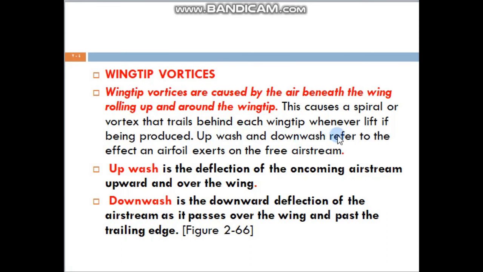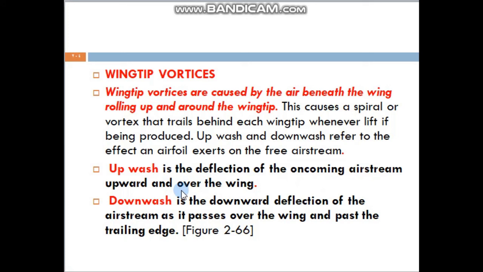Upwash and downwash refer to the effect an airfoil exerts on the free airstream. What is the meaning of upwash and downwash? The upwash is the deflection of the oncoming airstream upward and over the wing.